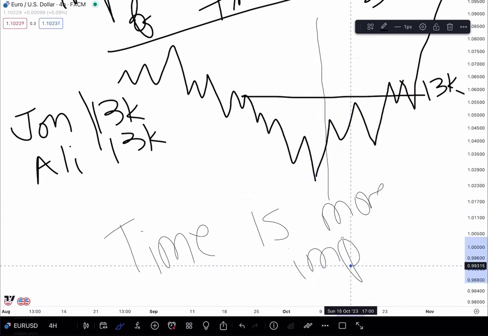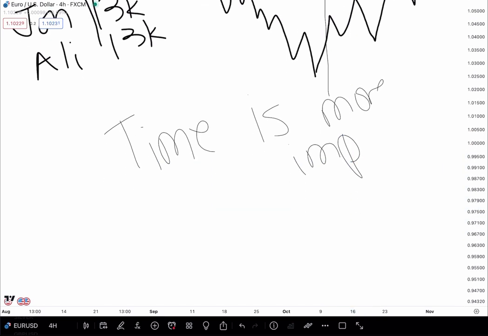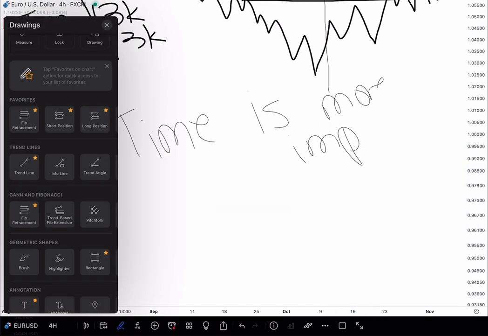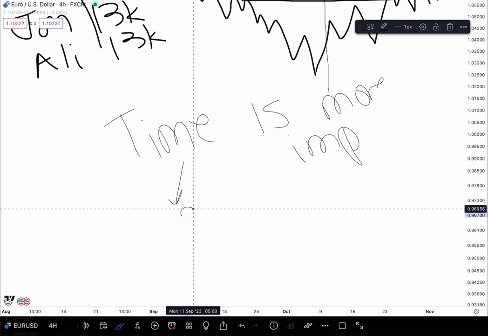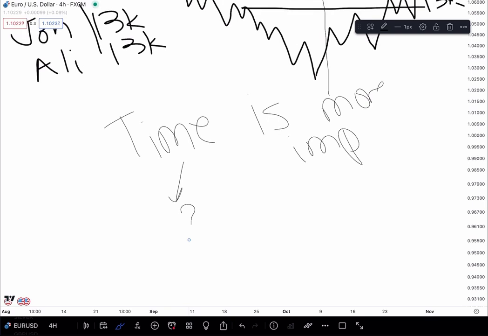Are you buying at the correct time? Because the price could be right, but are you buying at the correct time, or no? Now, how do you define the correct time? There's multiple ways, right?